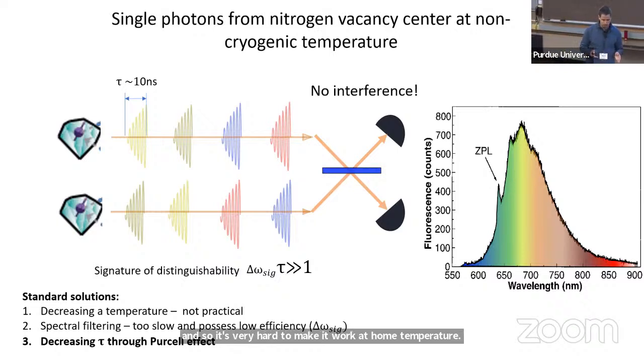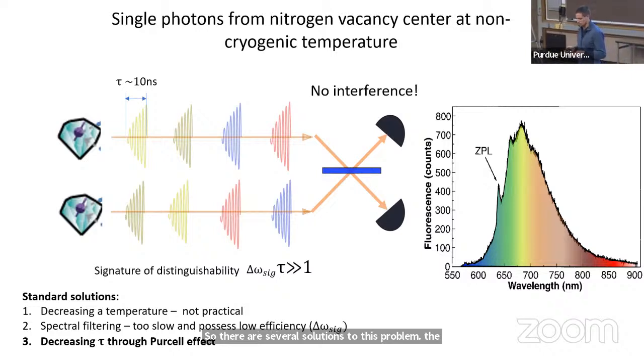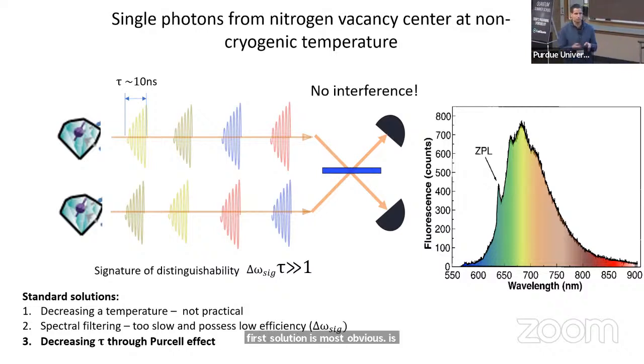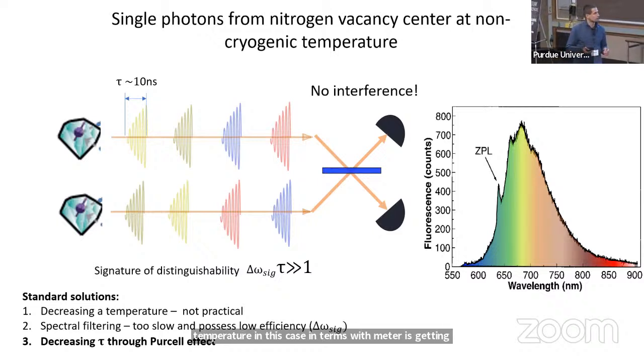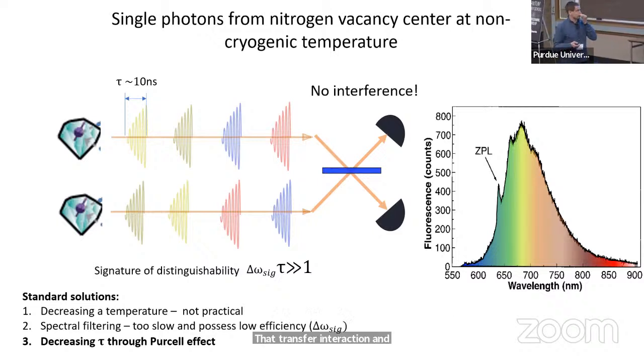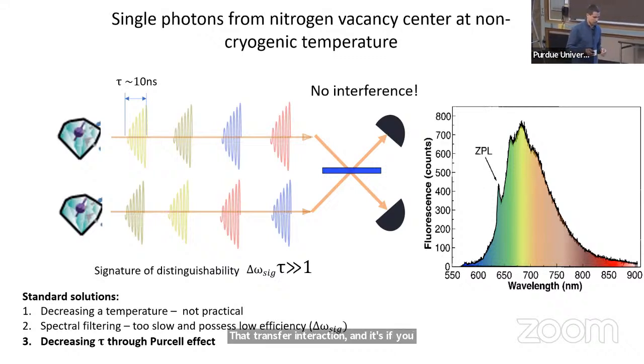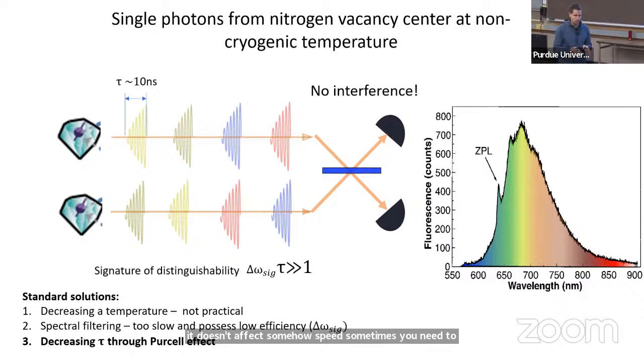The first solution, the most obvious, is to decrease the temperature. In this case, the strength of interaction with the medium gets lower, and it will work, but it's maybe not practical for all of the applications. And it also doesn't affect speed. Sometimes you need to vary how fast you're extracting the photons from the solid state emitter.